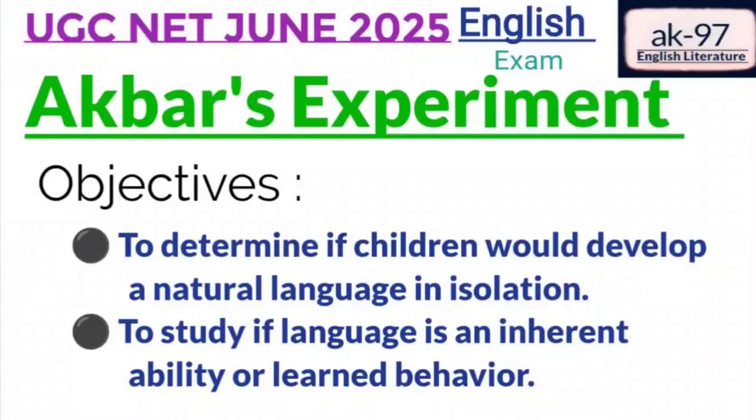When it comes to the objectives of Akbar's experiment, or the forbidden experiment, it was to determine if children would develop a natural language in isolation, and to study if language is an inherent ability or a learned behavior. With this experiment, the scholars and Akbar wanted to know whether language development is a learned behavior or an inherent ability.